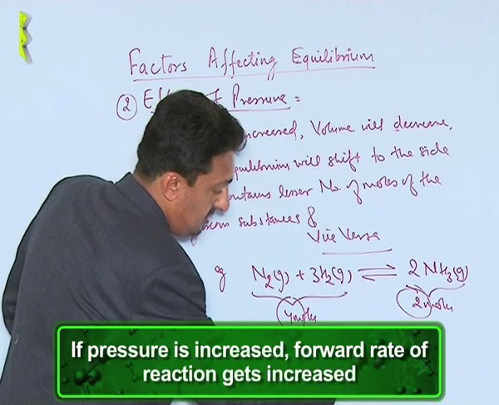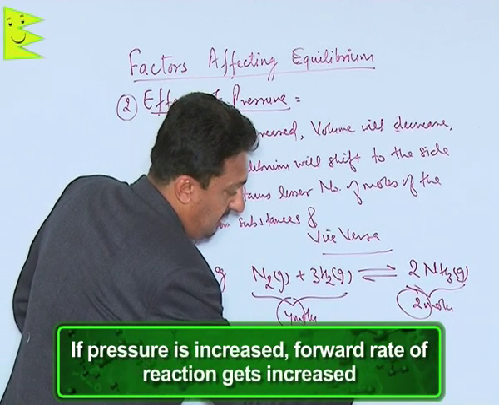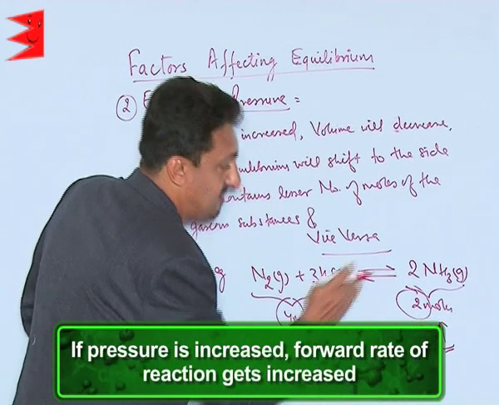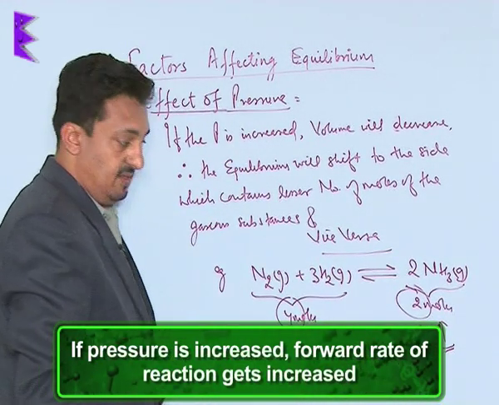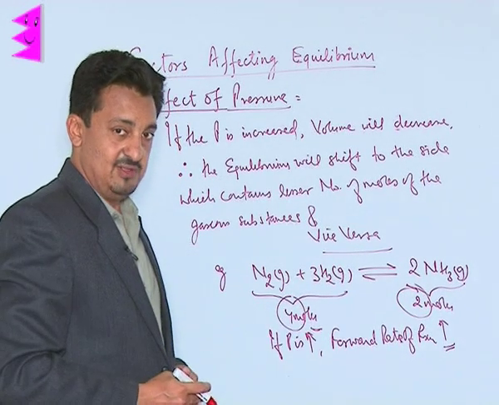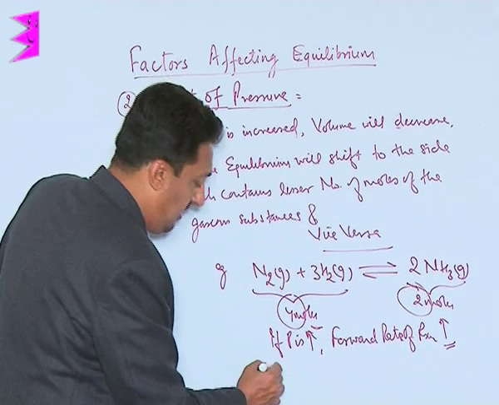forward rate of reaction gets increased, system moves forward, because the product side contains lesser number of moles of the gaseous substances.